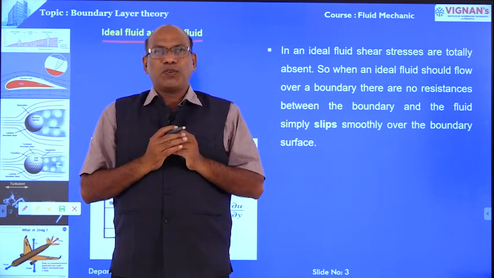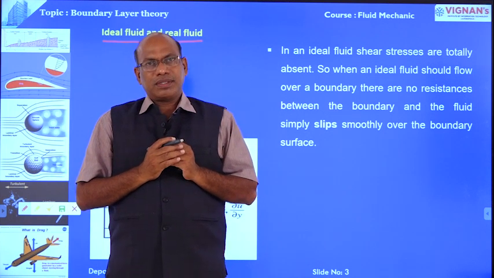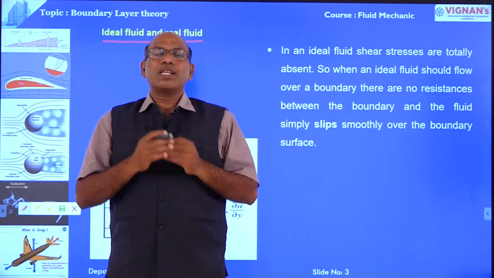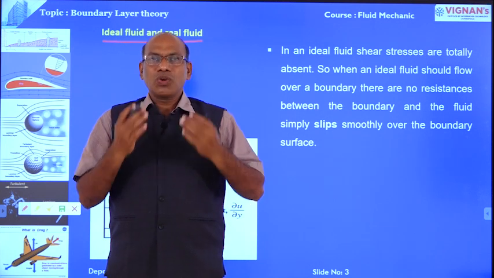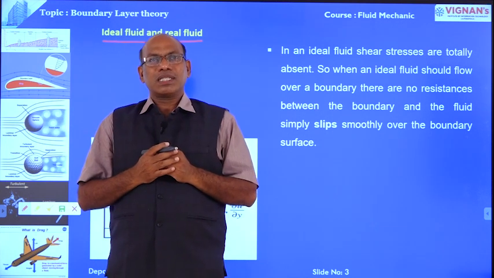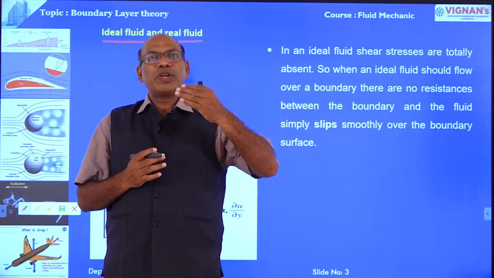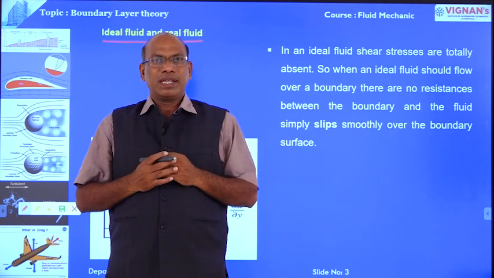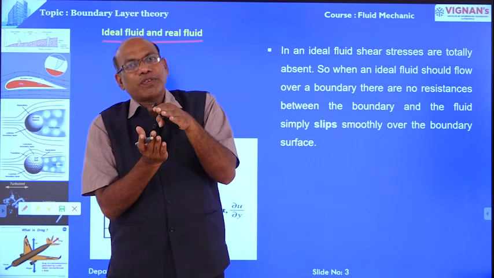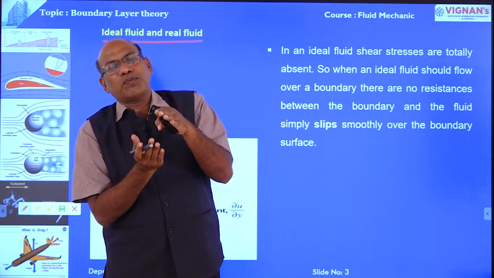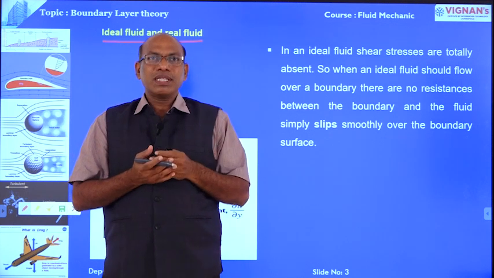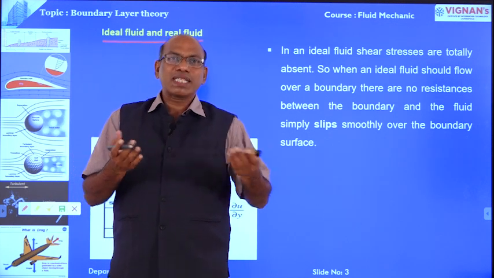Ideal fluid is a fluid that is assumed to have no viscosity. No viscosity means, suppose the fluid is moving over the solid boundary, there is no contact between the solid boundary and the fluid, because ideal fluids do not have viscosity.